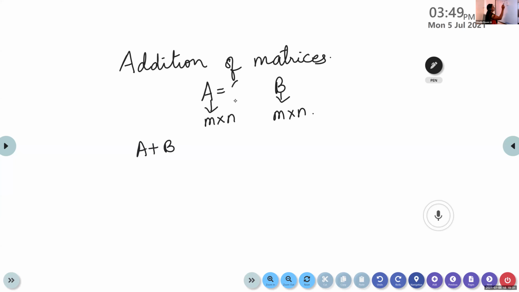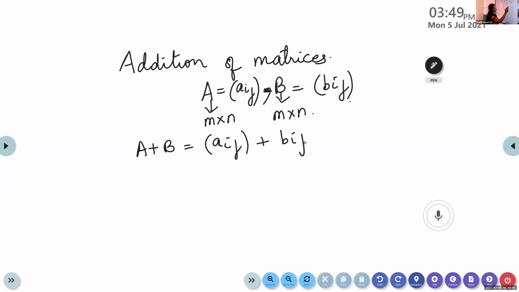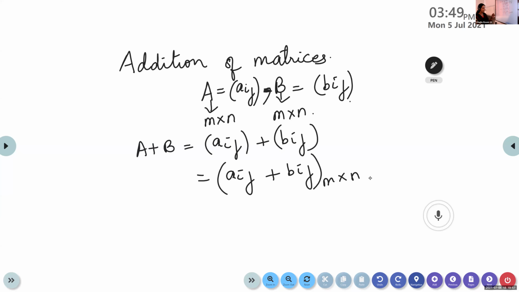Suppose A is an m by n matrix and B is another m by n matrix. We denote A as the matrix Aij and B as the matrix Bij. Then A plus B is given by Aij plus Bij. That is, we add the corresponding entries, and A plus B is also an m by n matrix.